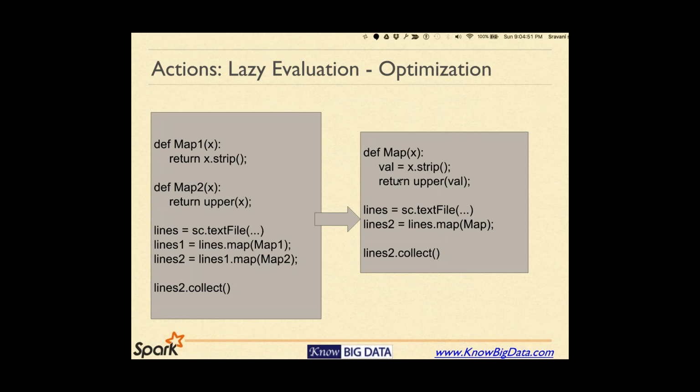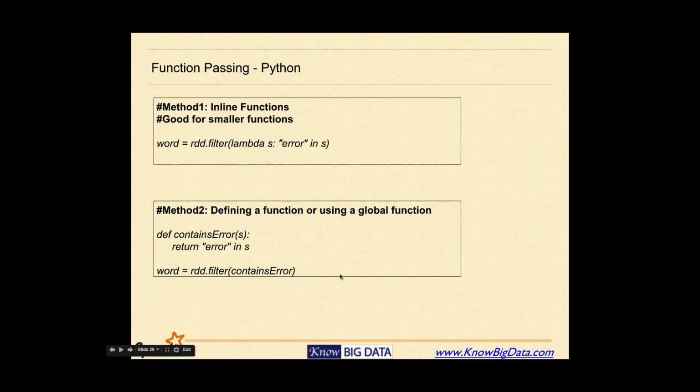Although the order of the evaluation will happen in the same way, in the sense that value equals to access strip, this is from this part, and then return upper value. So both of the map 1 and map 2 have been combined together, although the order remains the same. Just that they will not execute separately in two separate executions. This is just an example of optimization.